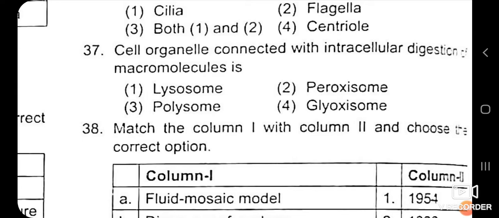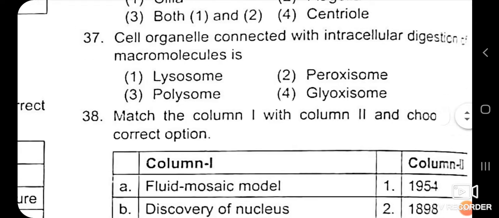Peroxisome and glyoxysome are the two cell organelles which do not have any role in the digestion of material present inside the cell. So the correct answer is the lysosome, which carries various types of enzymes called hydrolase enzymes, which are active at acidic pH, and they carry out intracellular digestion. So the correct answer is the first option, lysosome.